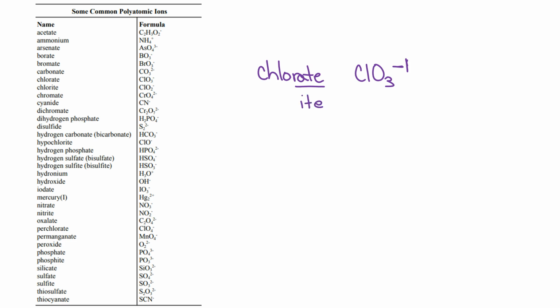Now find chlorite on there, and what change do you notice in the formula? Notice the charge doesn't change, but what does change? The number of oxygens.